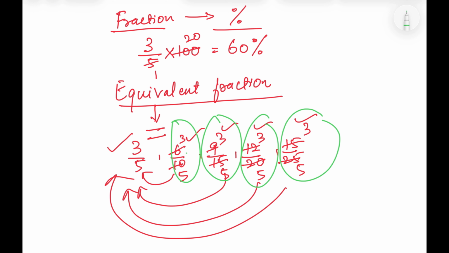So the numerators and denominators are not exactly the same, but when I reduce them, I get the same fraction as 3 by 5. So I say that all these fractions are equivalent fractions, because when we reduce them, we are getting the same fraction. So these fractions are called equivalent fractions.